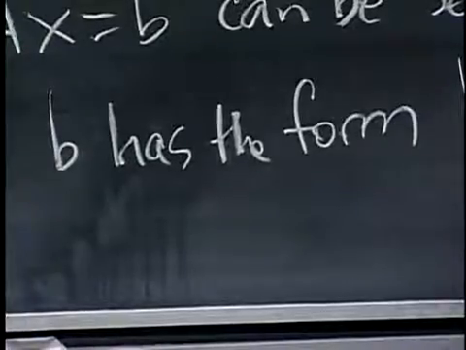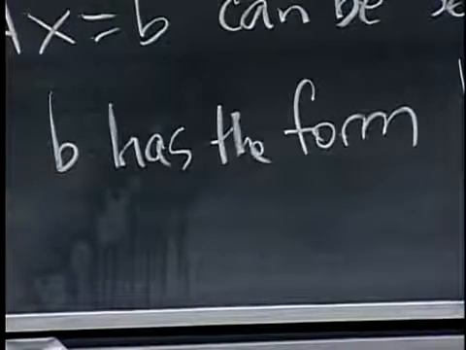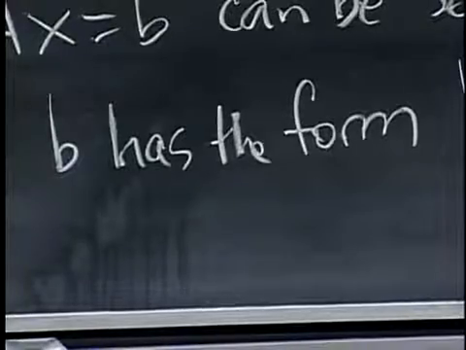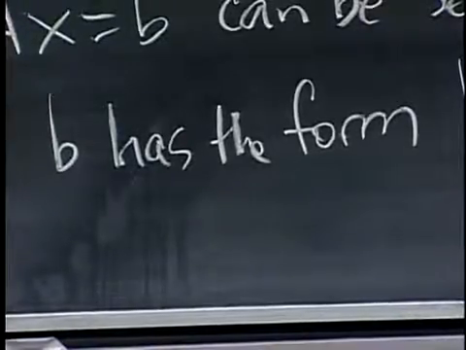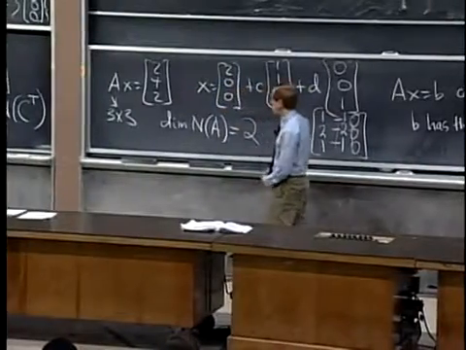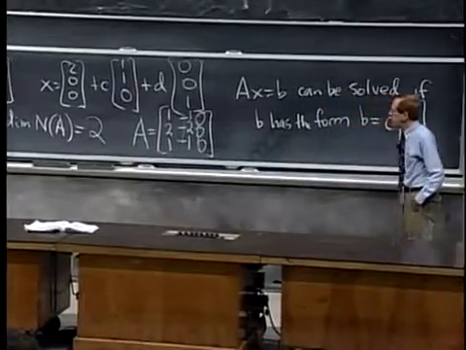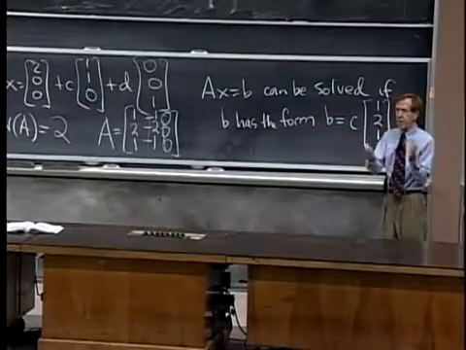B is a multiple of 1, 2, 1, right? I can solve the thing if it's a multiple of 1, 2, 1, and of course, sure enough, that was a multiple of 1, 2, 1, and so I had a solution. So this is a case where we've got lots of null space.